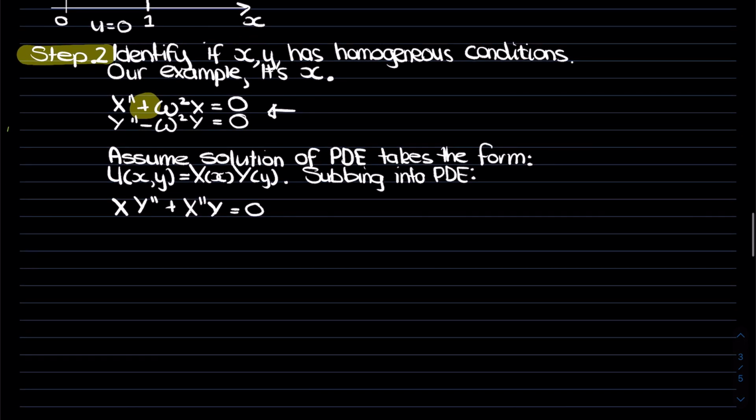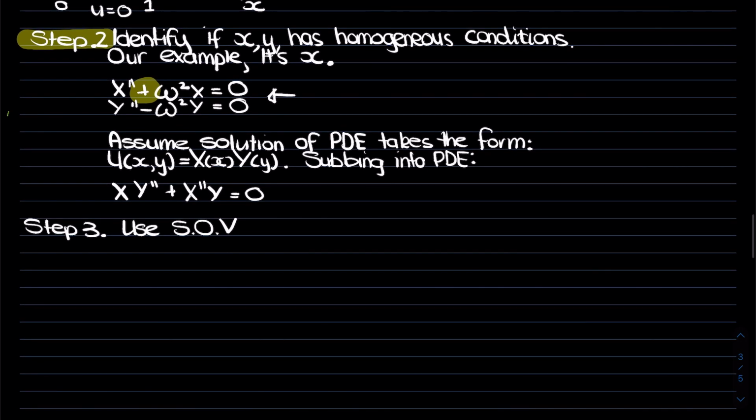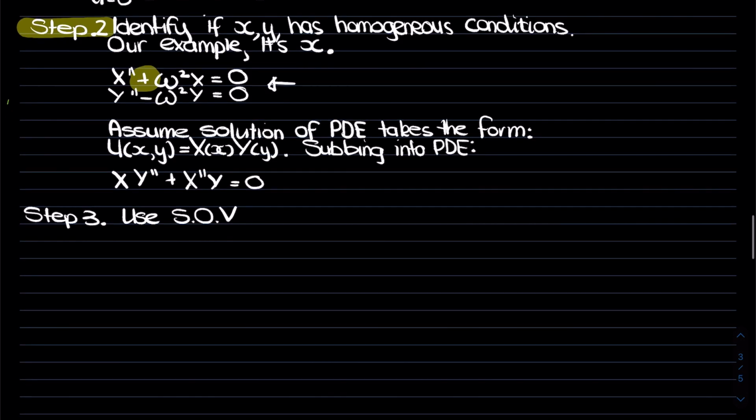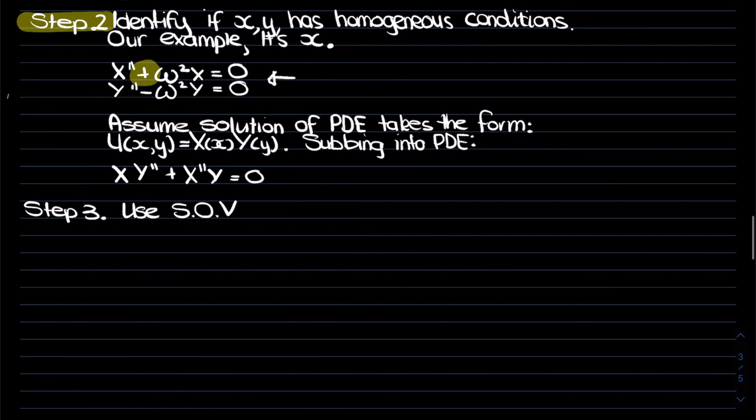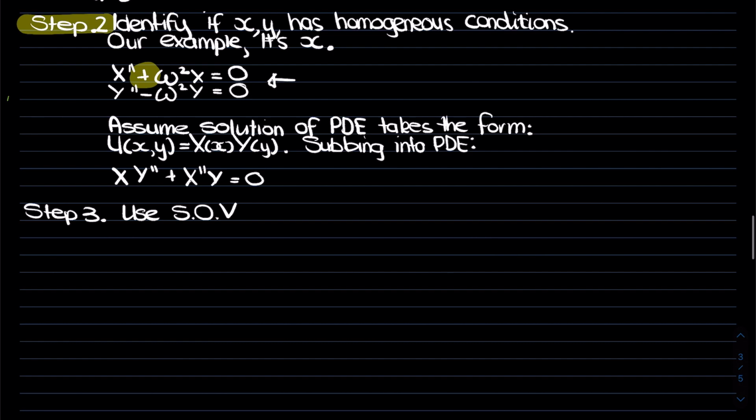So if we go to step 3, use separation of variables. If you've watched my other video, you already know this, but separation of variables is just where we put all the x's on one side and all the y's on the other side. When it comes to separation of variables, I'm going to put the minus sign with the variable with the non-homogeneous condition.